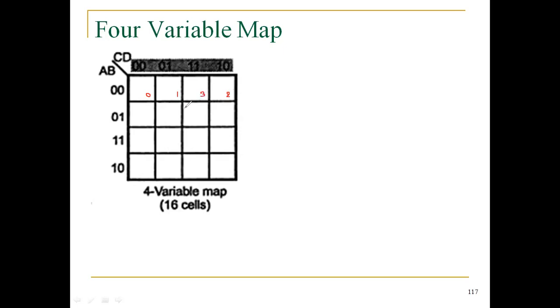Then 3, 4, 5, and then 6 here, 7. Afterwards 8 should come here, and then 9, 10 is here, 11, 12, 13, 14 should be here, and then 15 here.